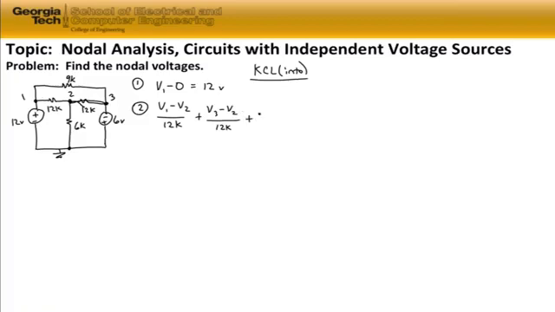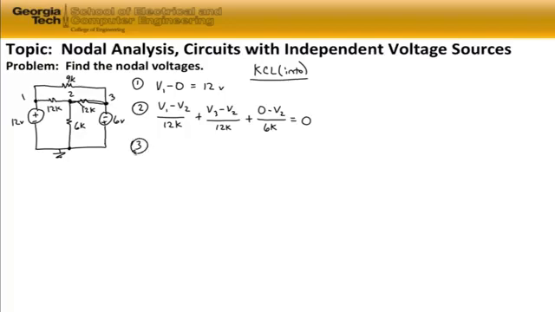That current is going to be 0 for the bottom node minus V2 divided by 6K, the current flowing up through the 6 kilo ohm from bottom to top as shown. That's all the currents associated with node 2, so that sum is equal to 0.